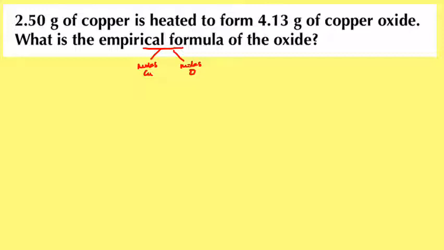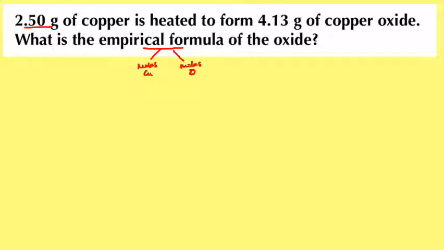The moles of copper first is easy. It's going to come from 2.5 grams of copper. But how are we going to get the moles of oxygen? Well, we're given the mass of copper and we're given the mass of copper oxide. So if we look at the difference between the 2.5 of copper and the 4.13 of copper oxide, that difference is going to be the mass of oxygen.